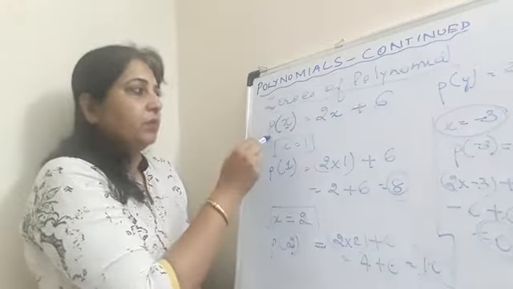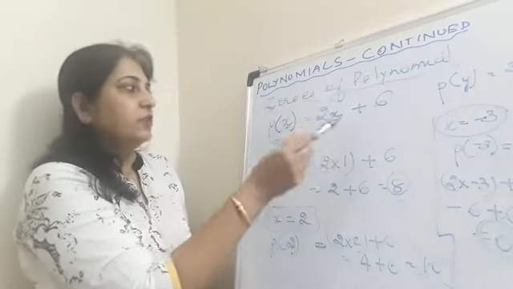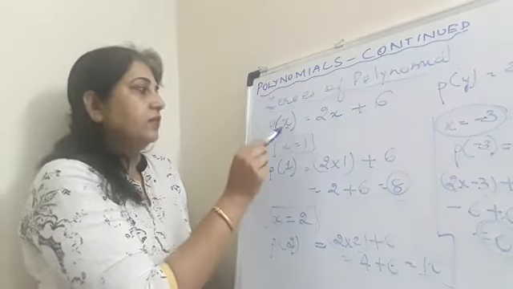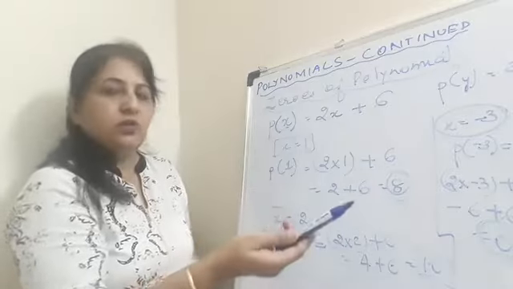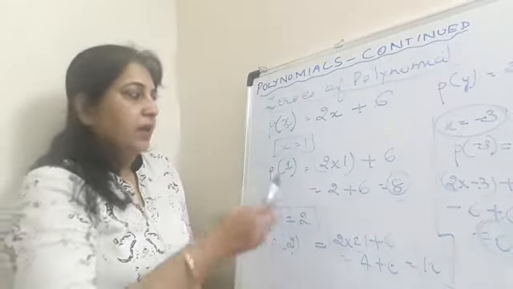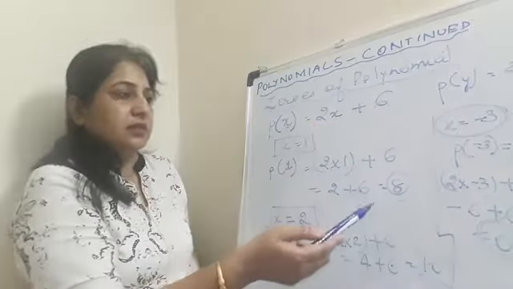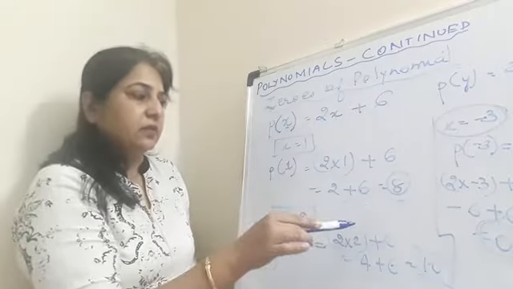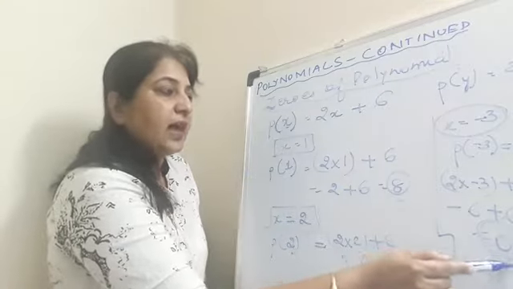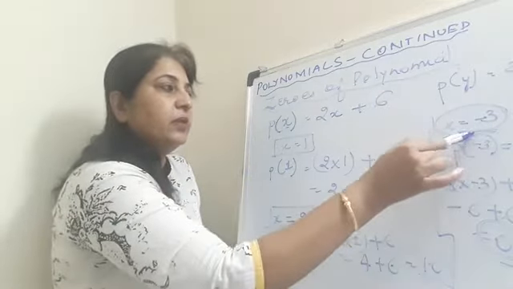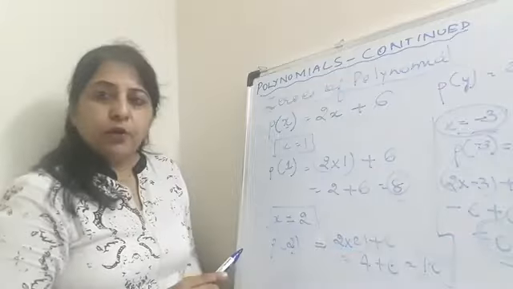If any polynomial is given to you and if you substitute the value of that variable, it can be 1 or 2 or 0 or 3 or minus 3, anything, and in whichever case we get 0 as the answer, that particular value will be termed as 0 of the polynomial.